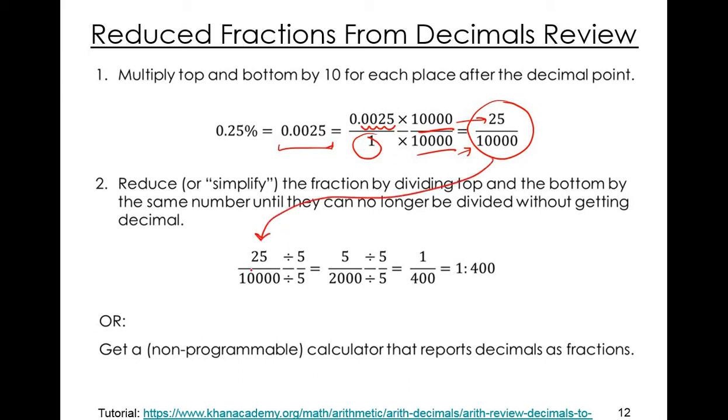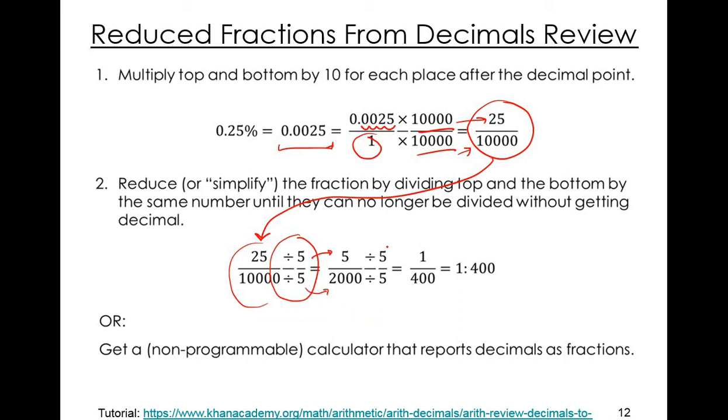Now we can reduce the fraction by, again, dividing the top and the bottom numbers by their greatest common factor. Now, if it's not obvious what the greatest common factor is, you can do this in multiple steps. For example, I noticed that 5 was something that both numbers had in common, so I divided the top and the bottom by 5 to give 5 over 2,000.